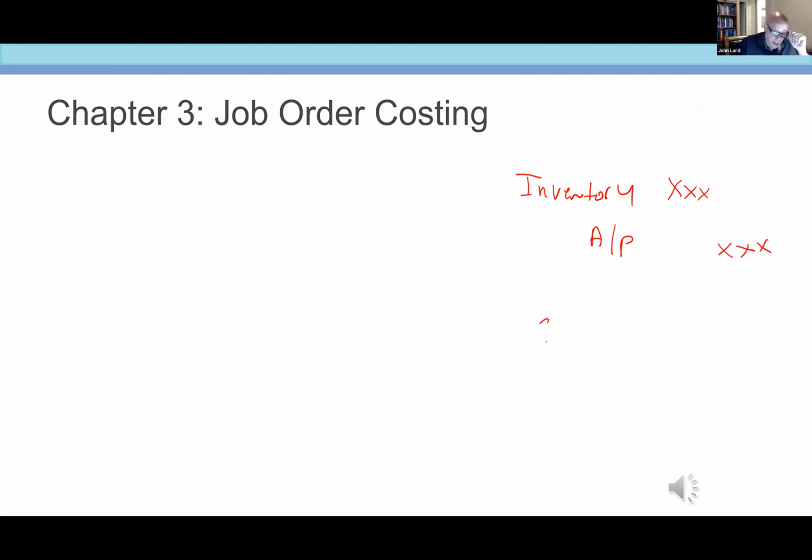And when I sell that using a perpetual inventory system, I'll debit cost of goods sold and credit the inventory.